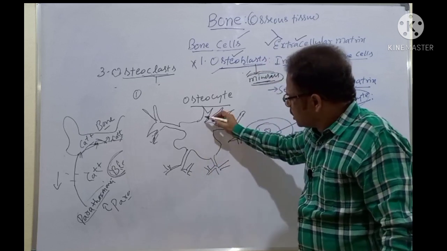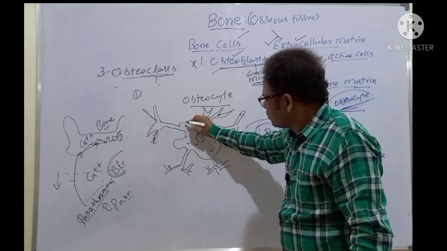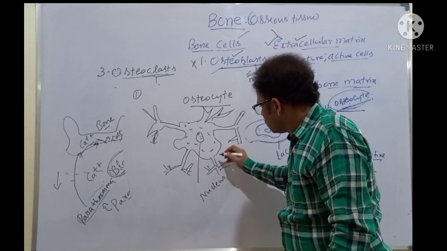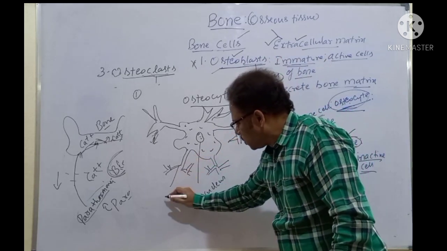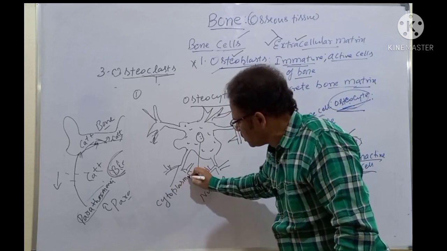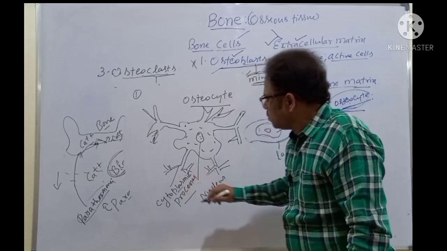So like this is an osteocyte. This is the nucleus. This is the osteocyte, and these are the protoplasmic processes, also called cytoplasmic processes.